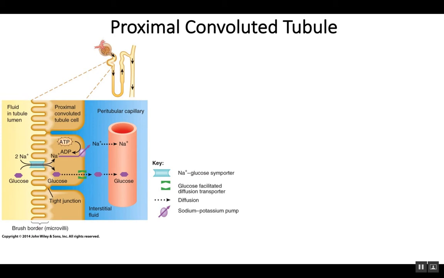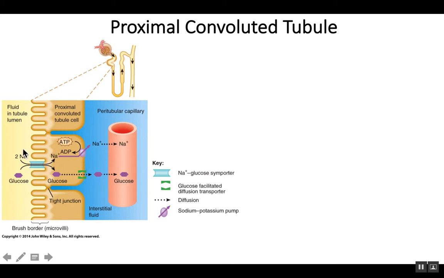But you'll notice on this drawing, there's one right here called a sodium glucose transporter. Its job is to take a couple sodium ions and a glucose molecule, move them out of the tubule into the cells of the tubule, and then back out of those cells and into the bloodstream.